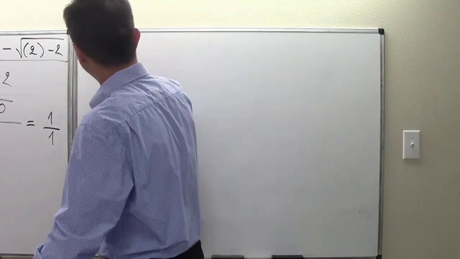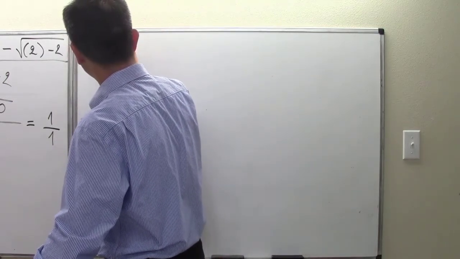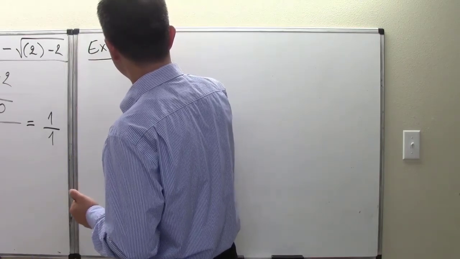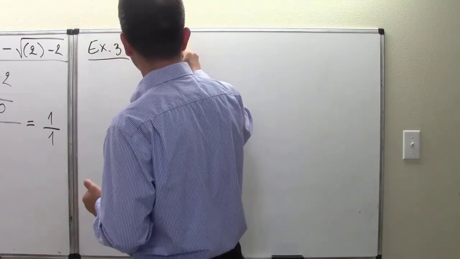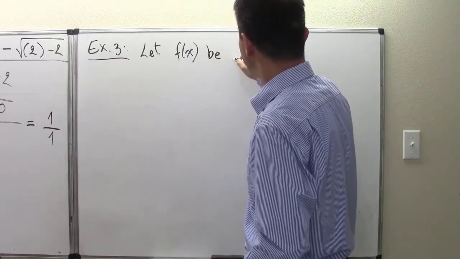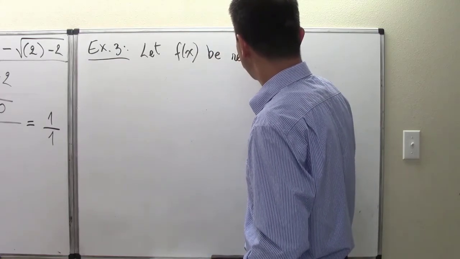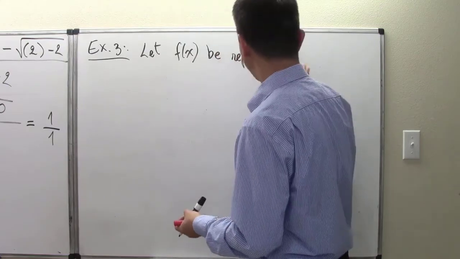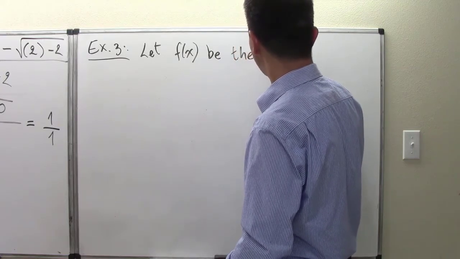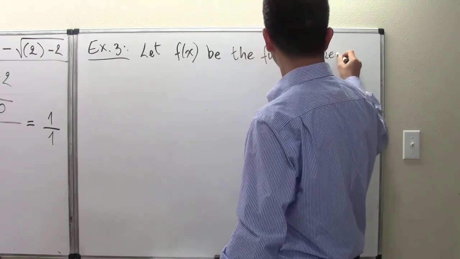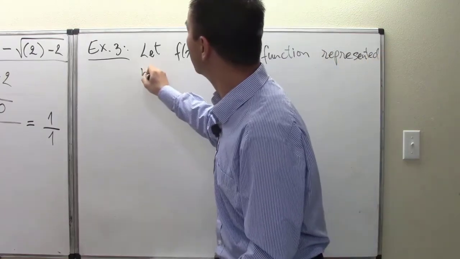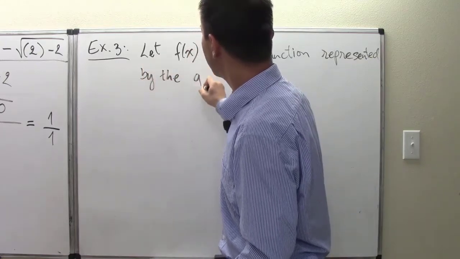All right, so here we are at our example number 3, and in this example I'm going to let f of x be the function, whatever function that is, represented by the given graph.